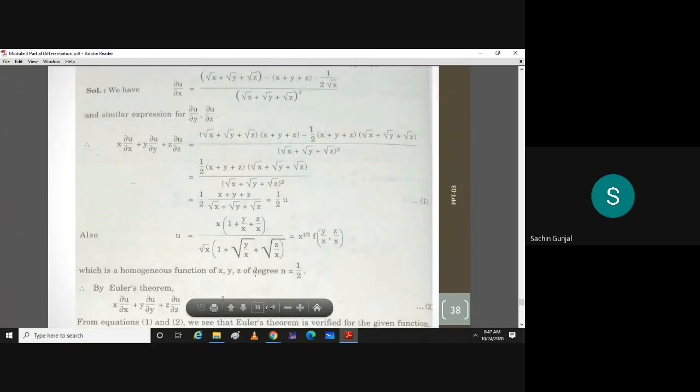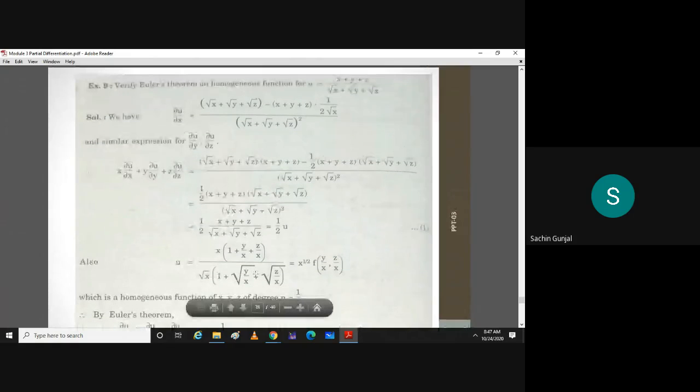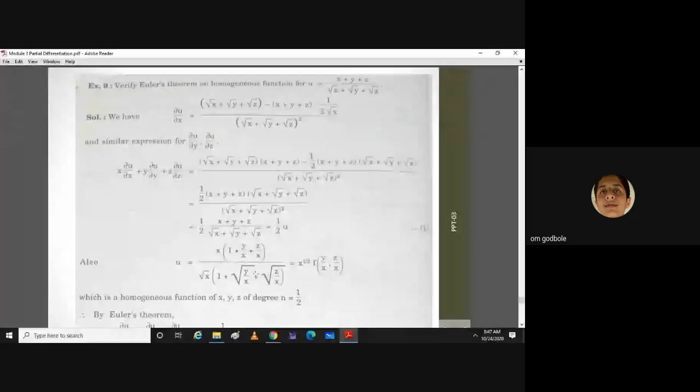Okay. Now, what do you mean by verification? It is the statement or the final part of Euler's theorem, by differentiating it actually.